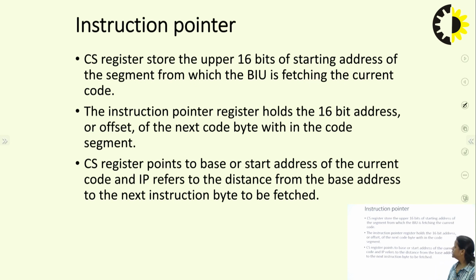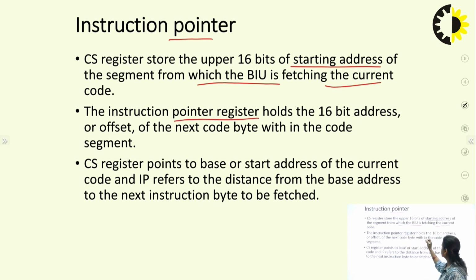Now coming to the instruction pointer. The code segment register stores the upper 16 bits of the starting address of the segment from which the BIU is fetching the current code, and the instruction pointer register holds the 16-bit address, or we can say the offset address, of the next code byte within the code segment.